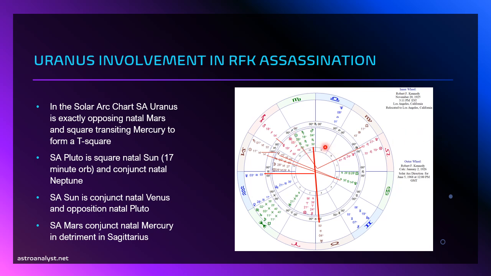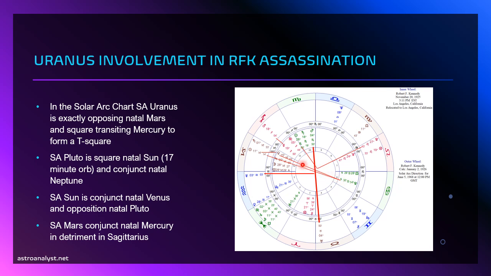It's also conjunct the natal Neptune, this Pluto-Neptune aspect over here. Then we have solar arc Sun conjunct natal Venus over here. And Venus is there with Jupiter and the Moon, and it's in opposition to natal Pluto.